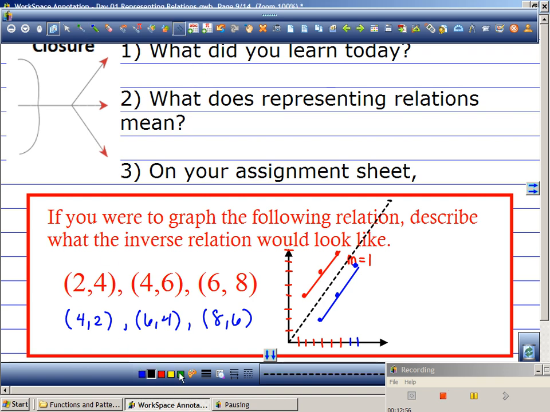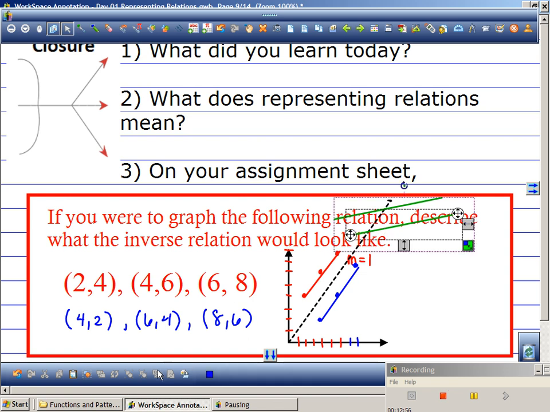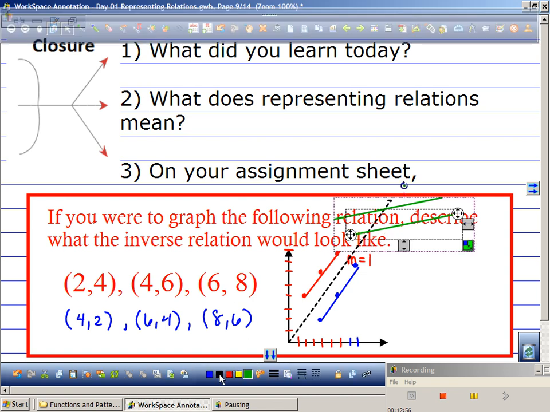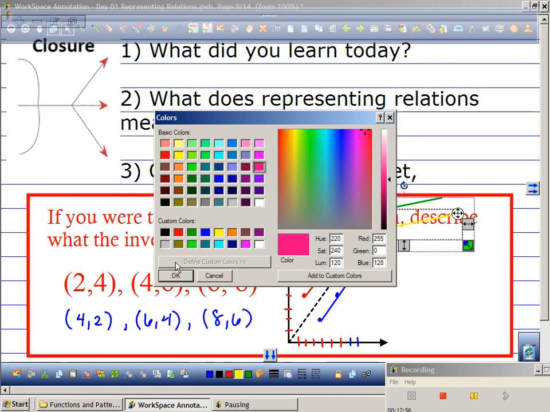If you had a graph like this, this would be its inverse. Copy, paste, put a different color, do yellow. Can you see that? No. Let's make it purple. Pink.